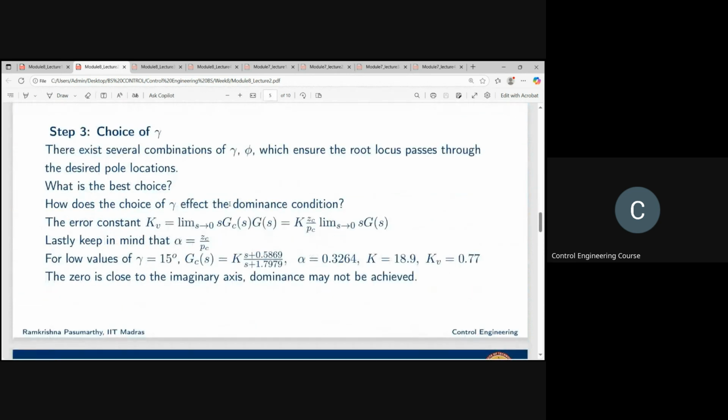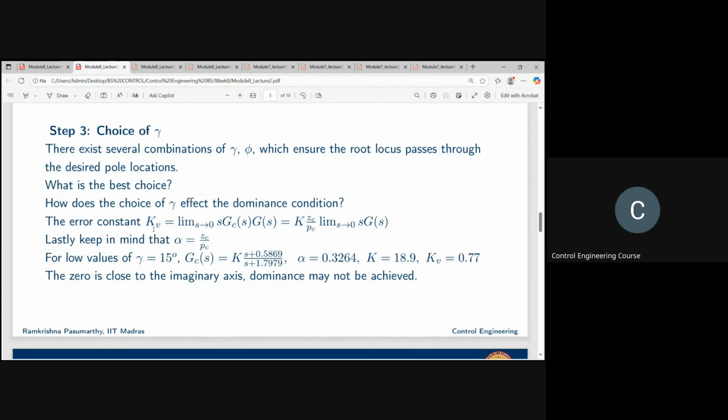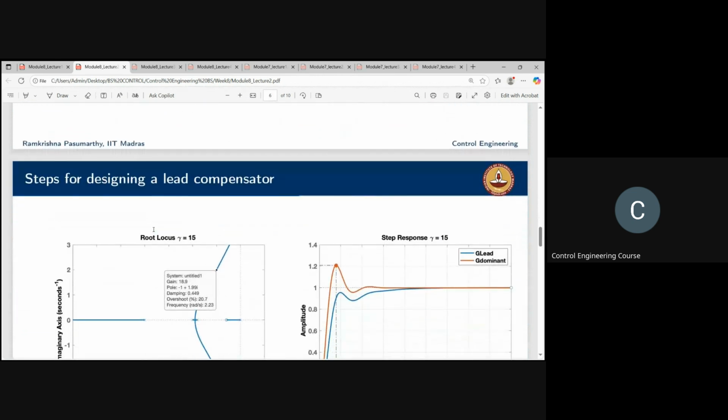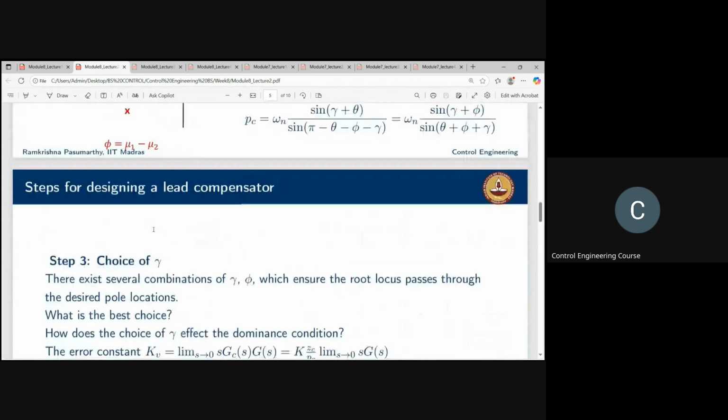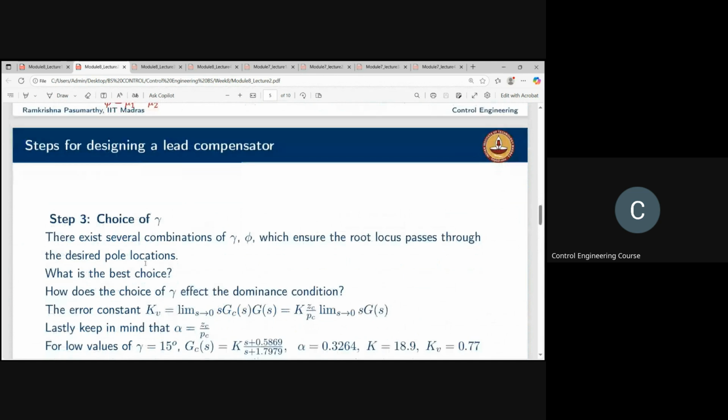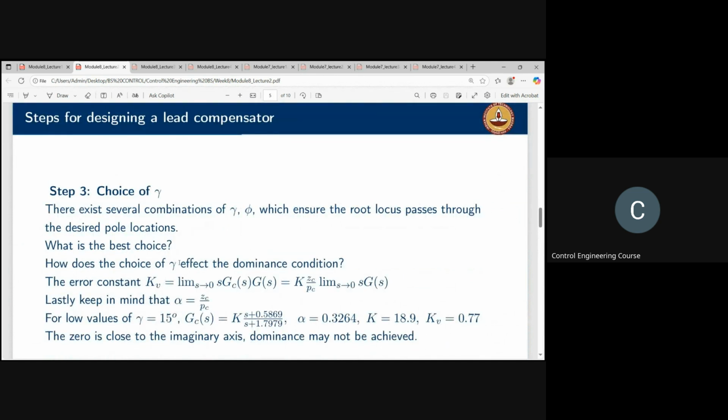Alpha is ZC by PC. Here, they are examining how the choice of gamma affects the dominance condition.